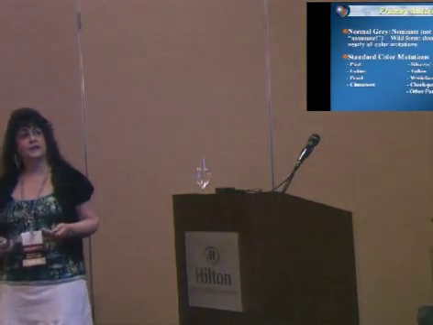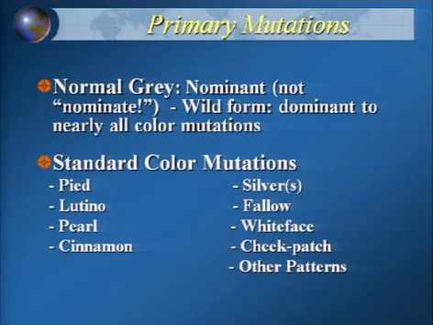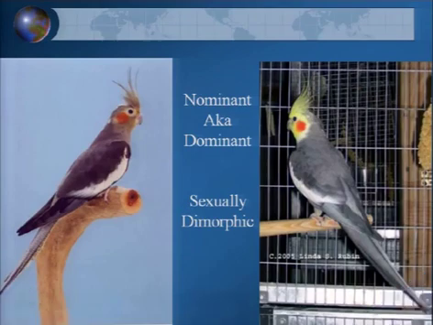Okay, real quick, normal gray is the nominant cockatiel, the dominant form, and please do not refer to it as nominate. We don't nominate the cockatiel. It is a nominant, as all wild forms are. Now, there are some standard color mutations you're all familiar with, and they're listed there. We'll take a quick peek.